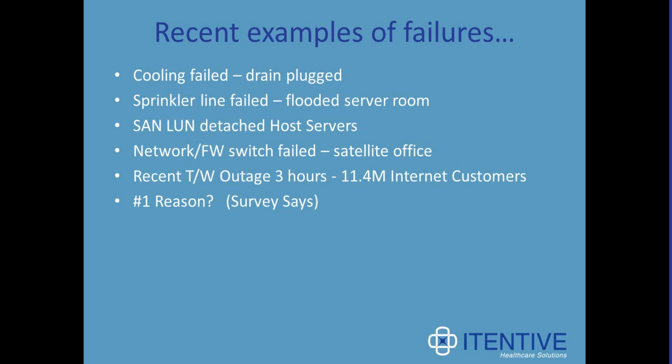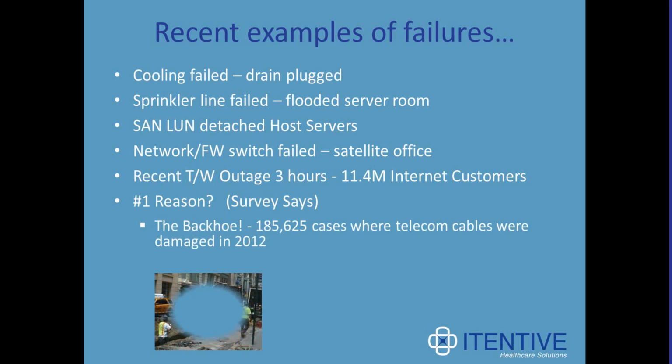But really, after all these examples I've shared with you so far, the number one reason why people lose access to their electronic EHR is the backhoe. In 2012 alone, there were 185,625 cases where telecom cables were damaged in just that year.